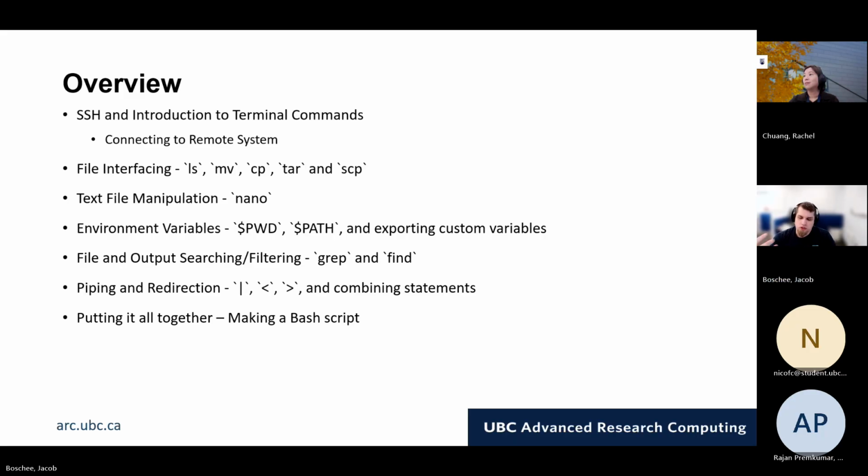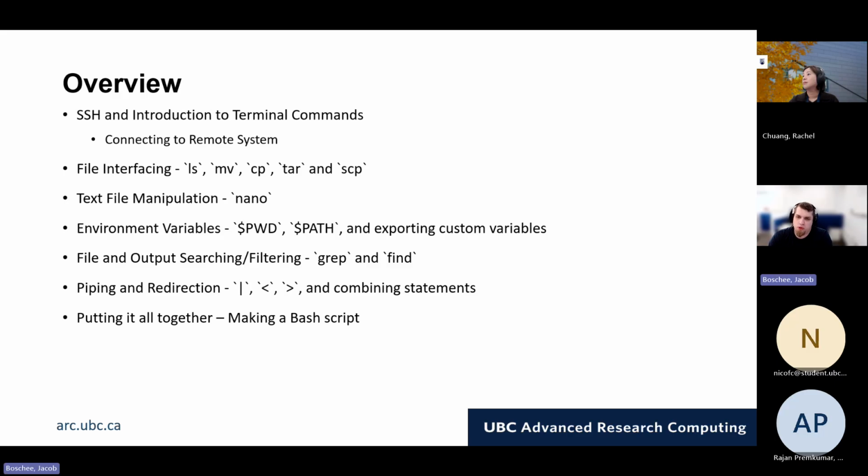Okay, so just a bit of an overview of what we'll be covering today. To start off, I will give an example of how you would connect to a Linux system remotely using SSH and some basic terminal commands. Following that, we'll look at how to interact with files and make edits to text files.